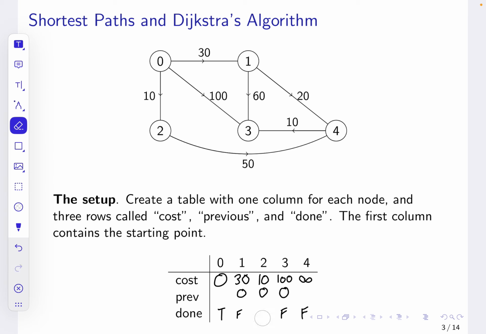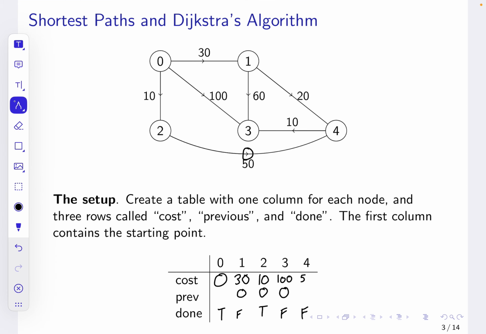We're going to mark that as done, and then update other columns' information using the outgoing edges of 2. We see that 2's only outgoing edge leads to 4 and has weight 50. So we're going to update 4.